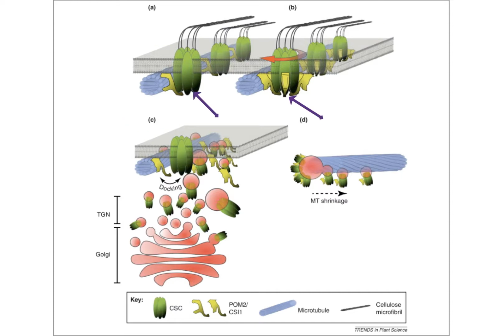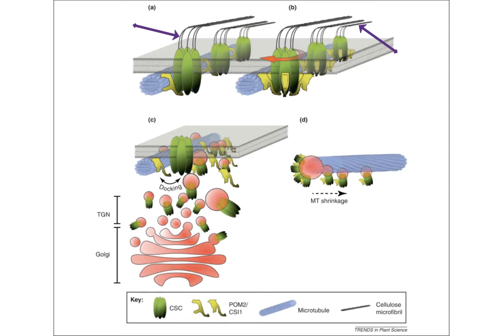On this end, you're getting sugar molecules, sugar monomers, being fed into the system here. Those are then producing the polymers, the sugar polymers, which are the cellulose, and they're running along the same direction as the microtubule.